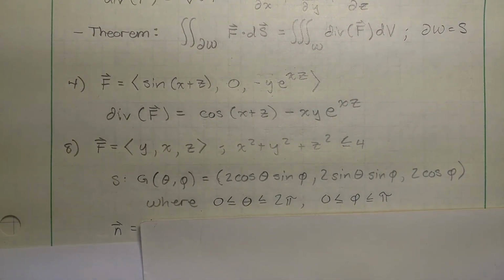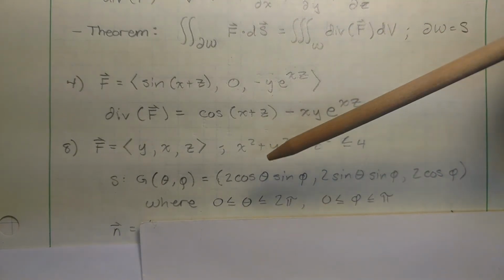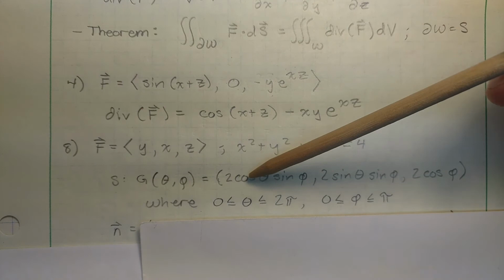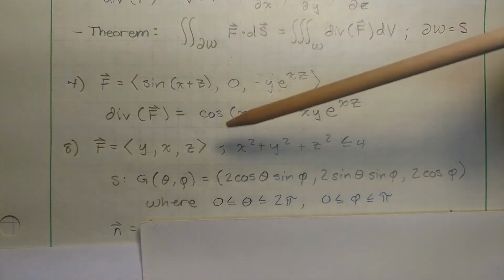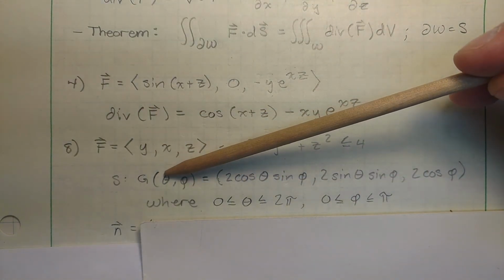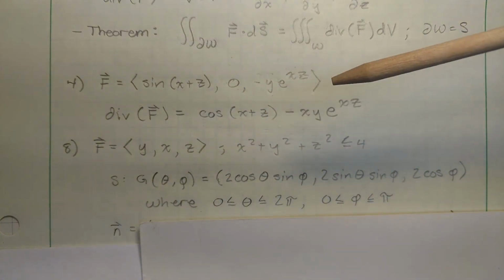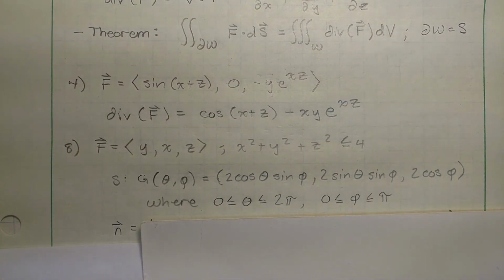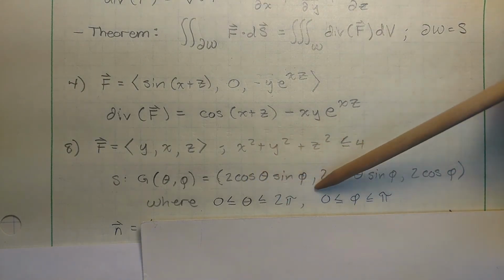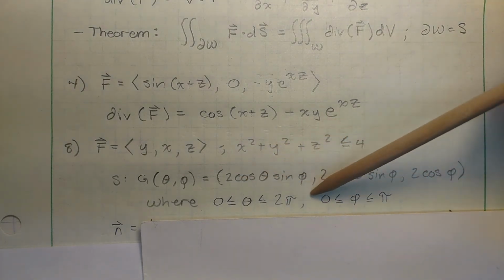Now we need our normal vector. And this is one of those where you can go through and get the normal vector. You should be getting familiar with the idea that we take the partial with respect to theta, take the partial with respect to phi, get the cross product of the two, and we get our normal vector. But we also should be pretty familiar with what happens when we do this.